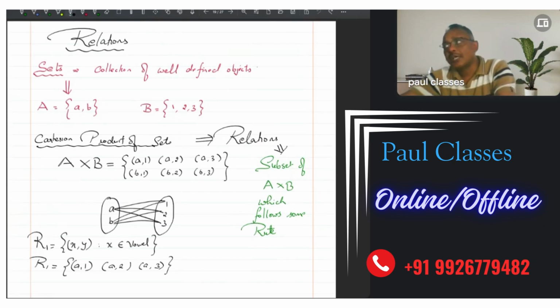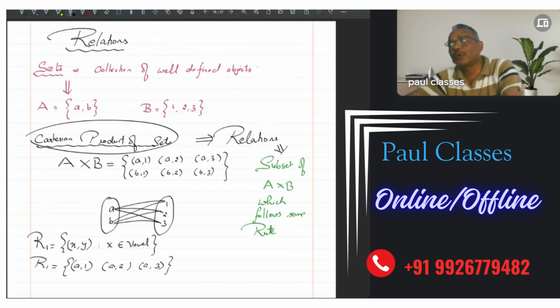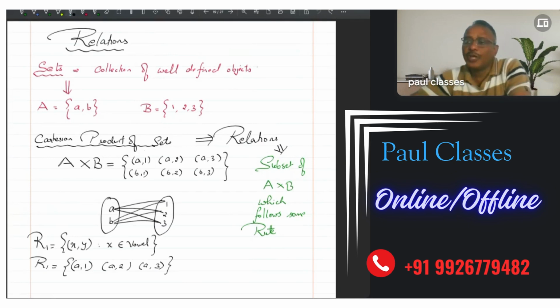Next, what comes after sets is when you have two sets together, then you can take a Cartesian product of sets. Now, what do you mean by Cartesian product? Cartesian product means all the possible connections that can be formed between two sets.